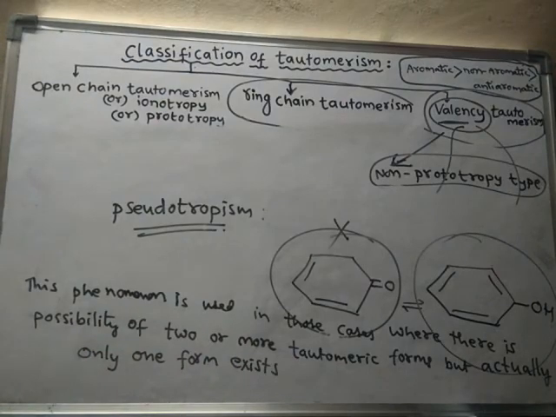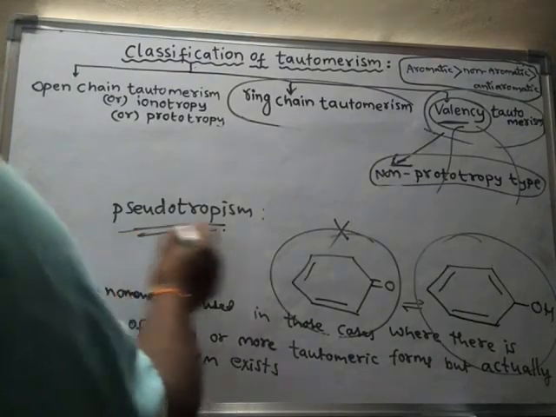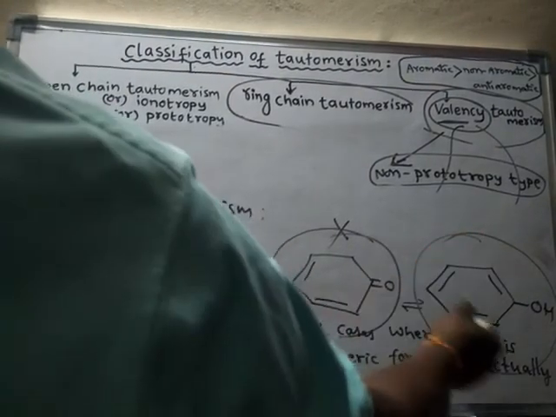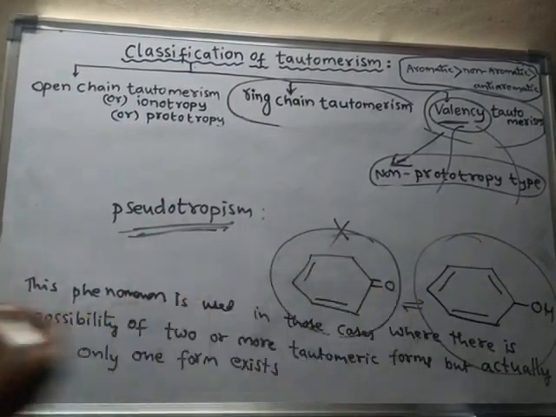Such a type of tautomerism is said to be pseudotropism. So here only phenol form will exist, and this keto form does not exist.